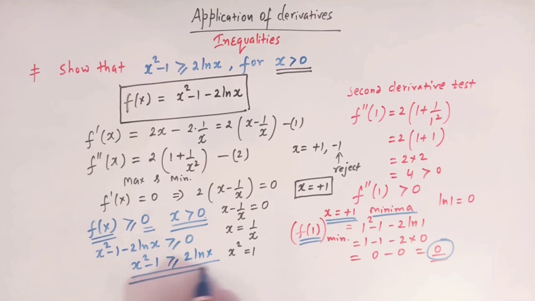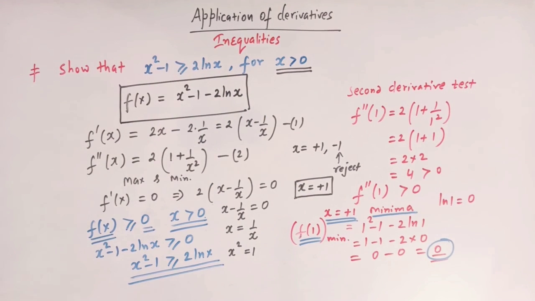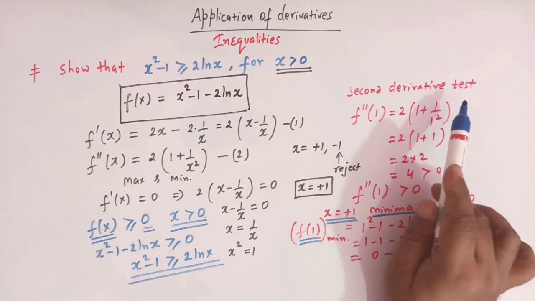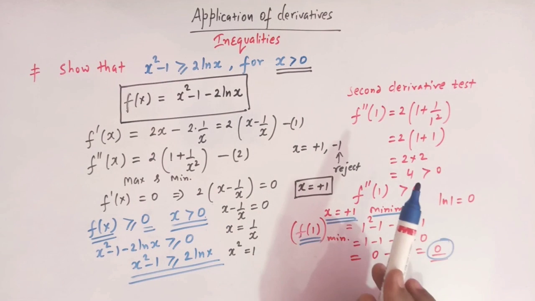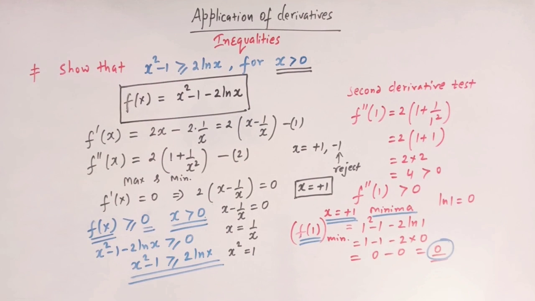And this is exactly the inequality which we have to prove, right? So this is how we see that with the help of the second derivative test or the concept of maxima and minima, we can prove important inequalities, right?